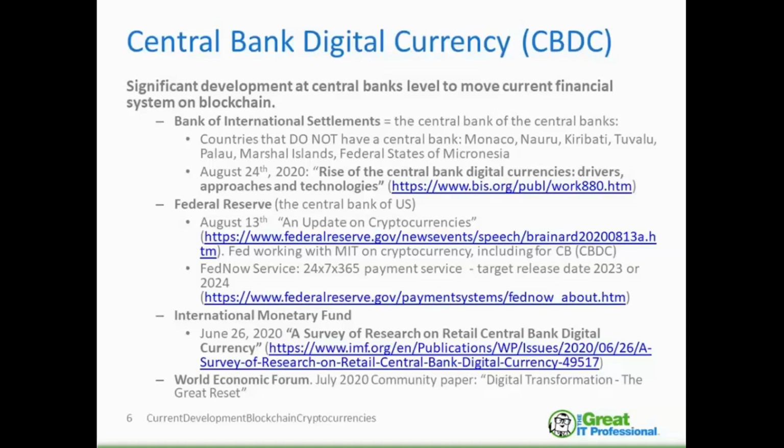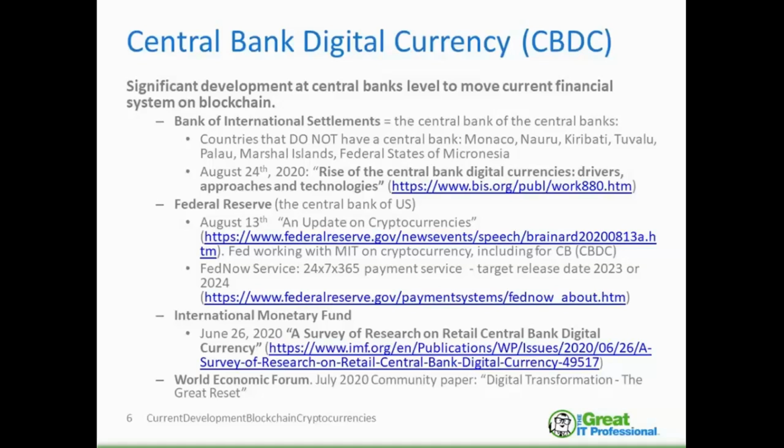Now, from the Bank of International Settlements, let's put a little more attention on what's going on at the Central Bank of the United States, the Federal Reserve. There is a recent paper that is an update on cryptocurrencies. The paper is from August 13, in which the Federal Reserve describes their work with MIT on cryptocurrencies, including a central bank digital currency. All right.